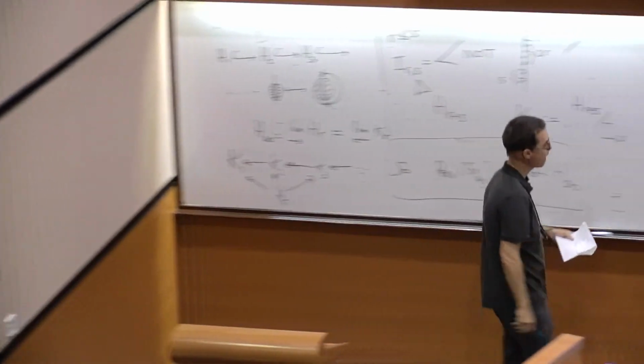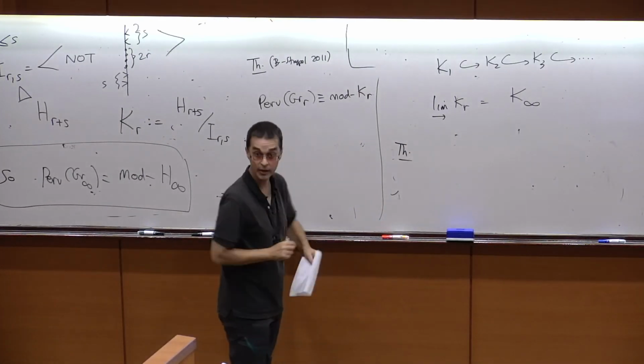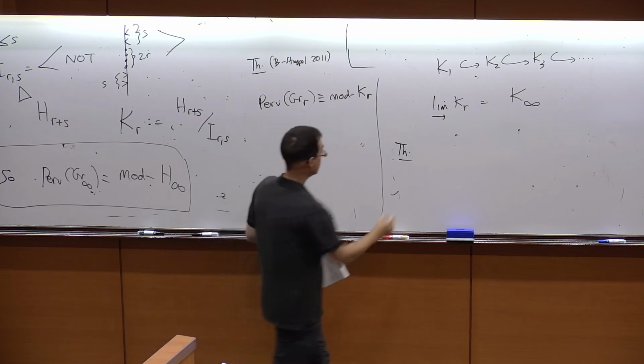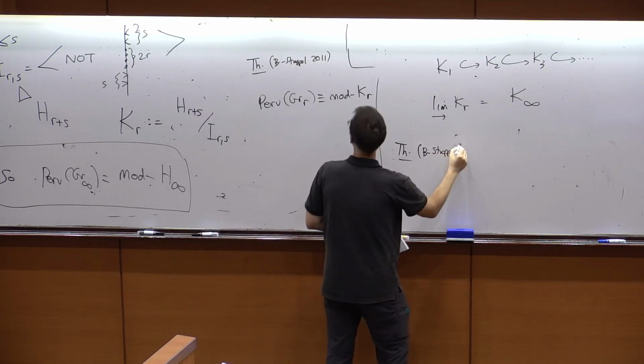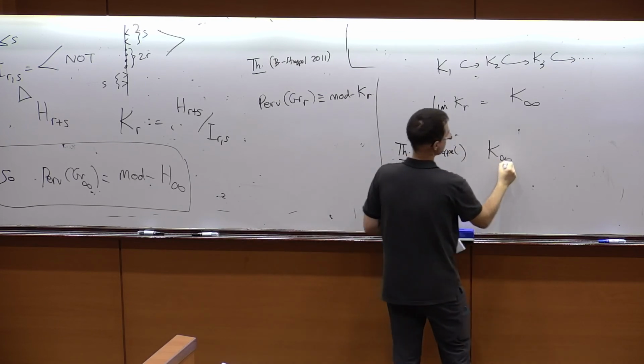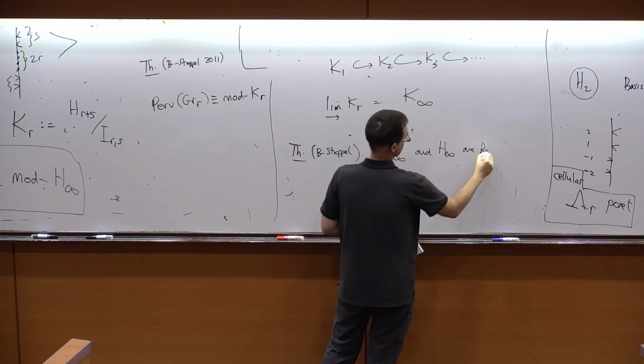And so let me kind of come to this new way of saying things, which I like much better, is that last year we proved that K infinity and H infinity are Ringel duals.